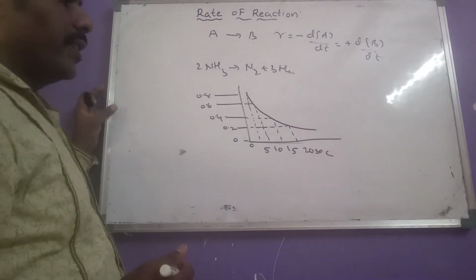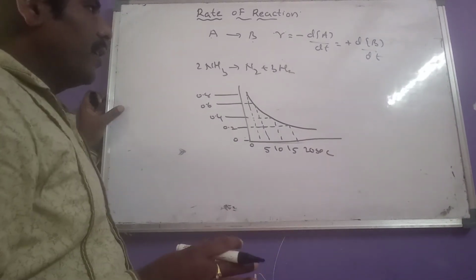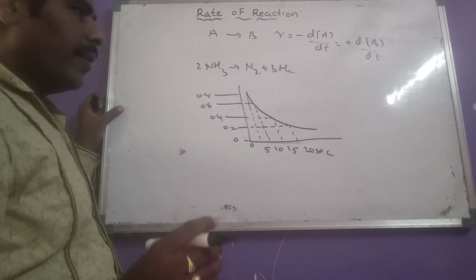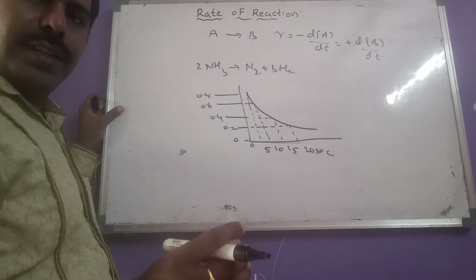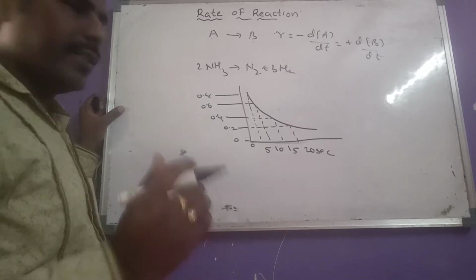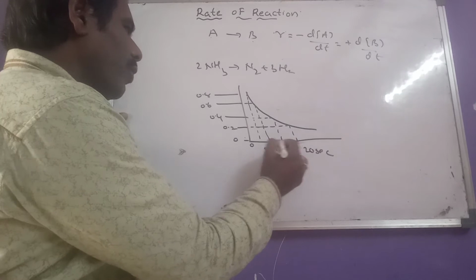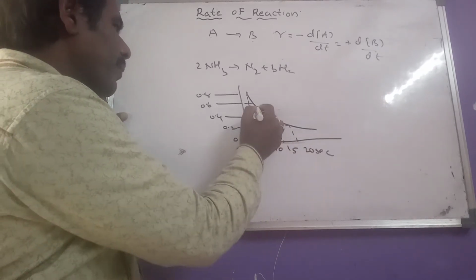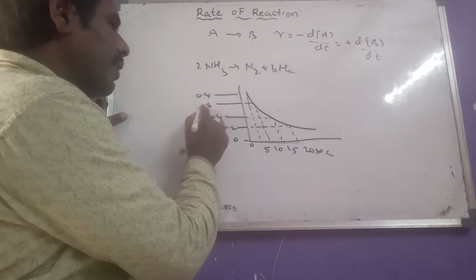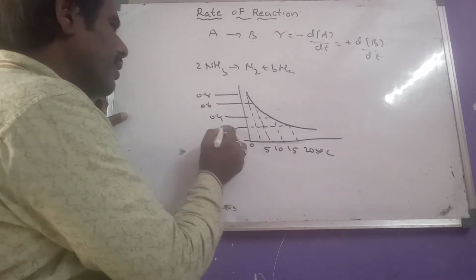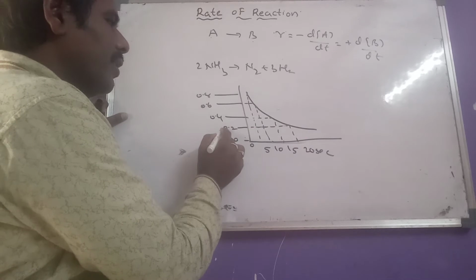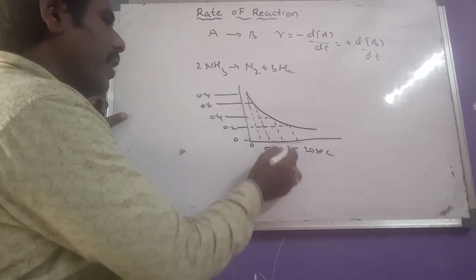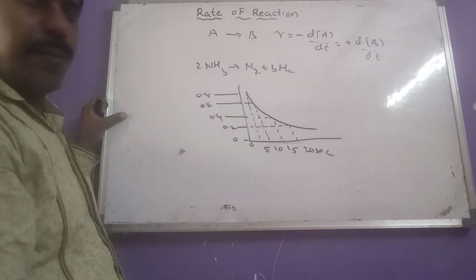Now the question is, what is the rate of decomposition of ammonia between 10 to 15 seconds? At 10 seconds, what is the concentration? 0.6. At 15 seconds the concentration is 0.2.